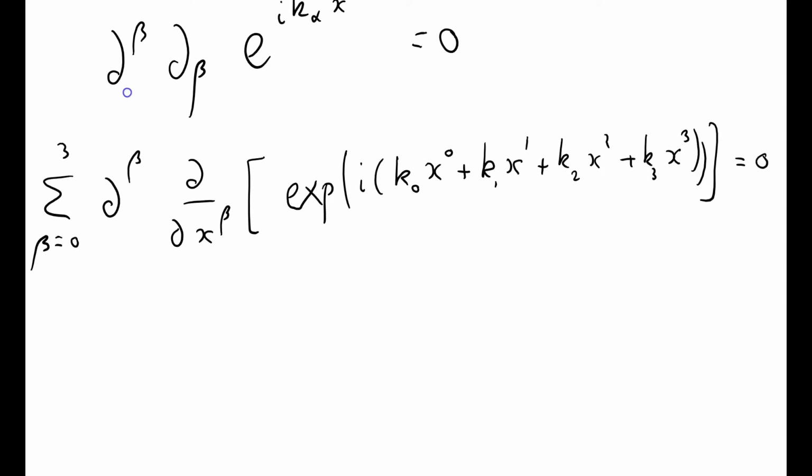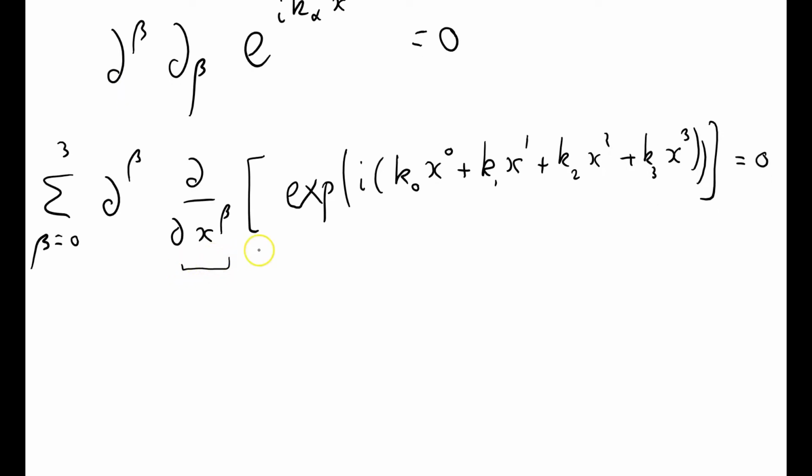Right. Now, when we differentiate with respect to x^β, it doesn't matter what beta is. Let me make this one a curly bracket. I'm just going to consider what happens inside the curly bracket.